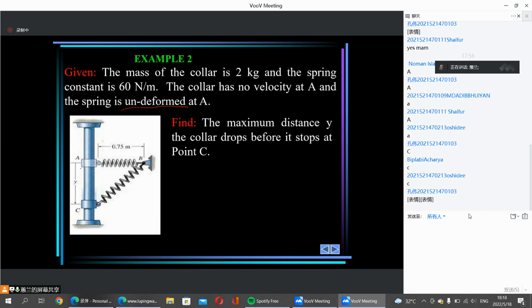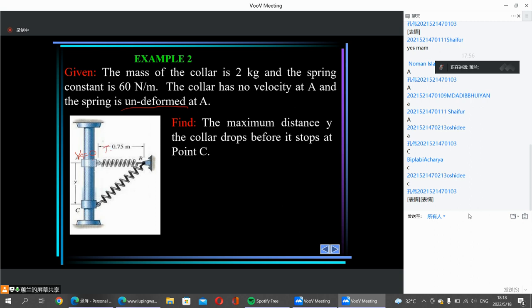At the initial time, the collar at position A has no velocity. That means VA equal to 0.